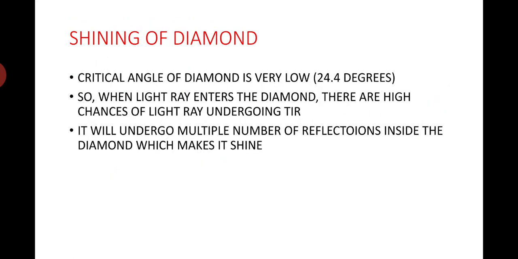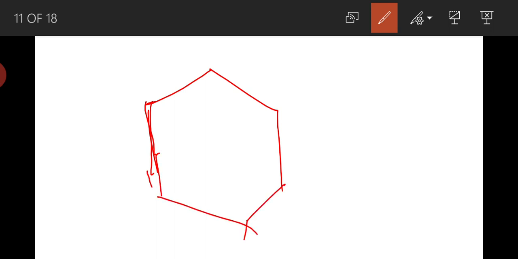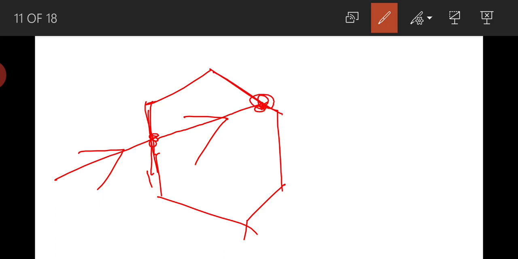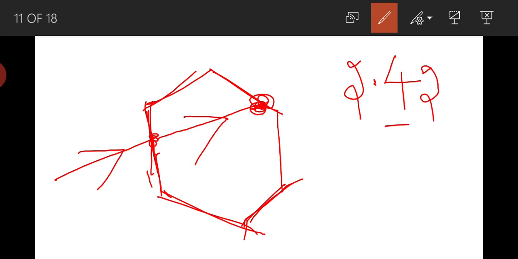Shining of diamond. We know that a diamond is cut into a precise shape somewhat in this way. Whenever light enters into the diamond, because of the precise cut of the diamond, the sharp cutting, and because of the high refractive index of the diamond, you know from the previous videos that the refractive index is highest for diamond and that is 2.42.